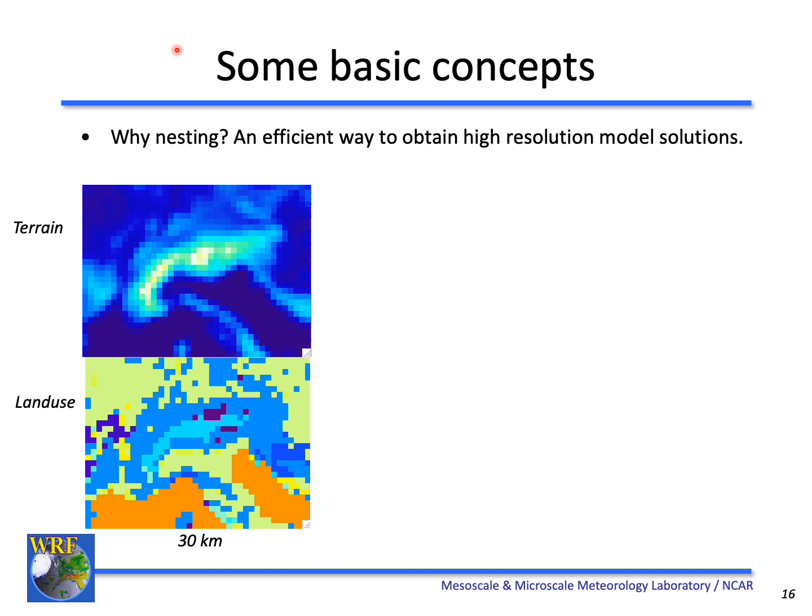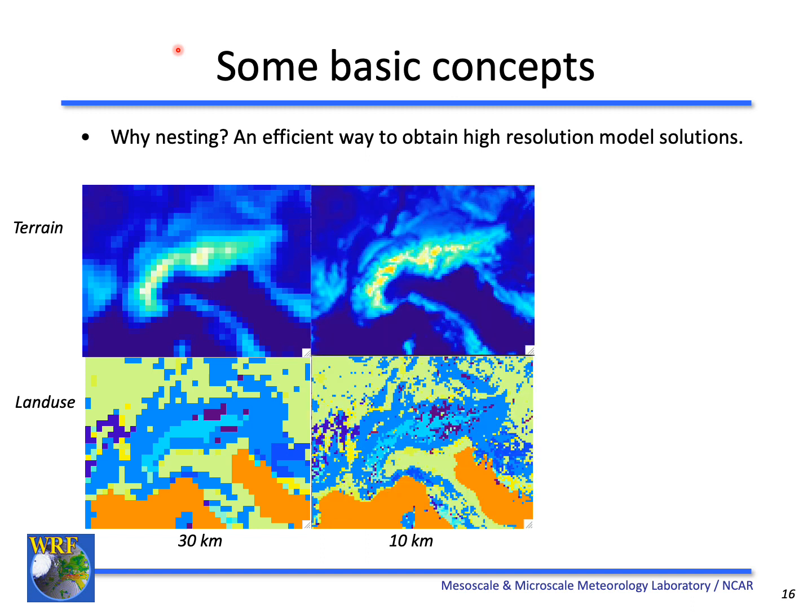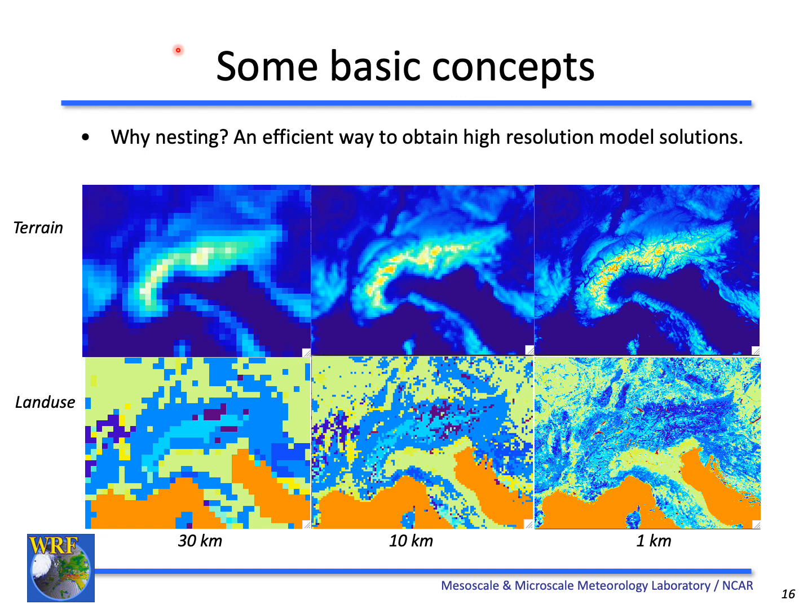As you may recognize, this domain covers the Europe and the Alps. When the grid size decreases to 10 kilometers, we can see that the representation of the topography and the land use improve. Going down further to 1 kilometer grid size, the features are represented even better.